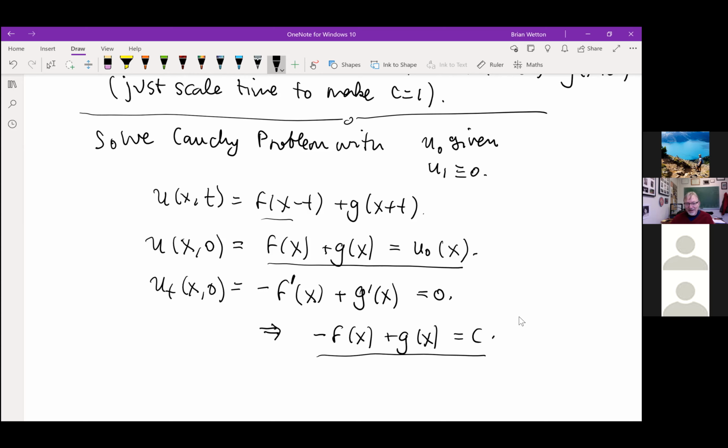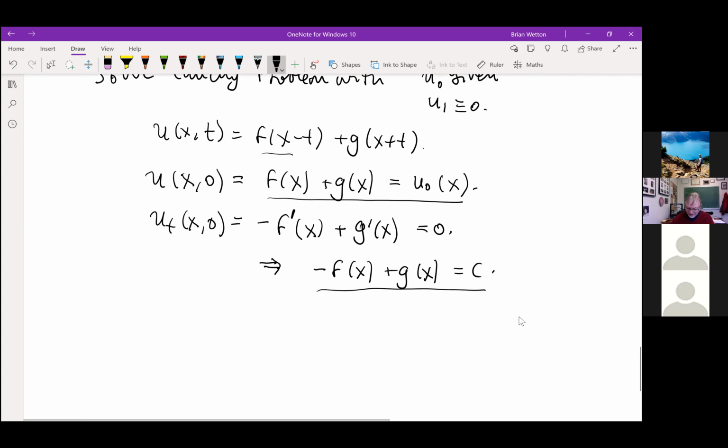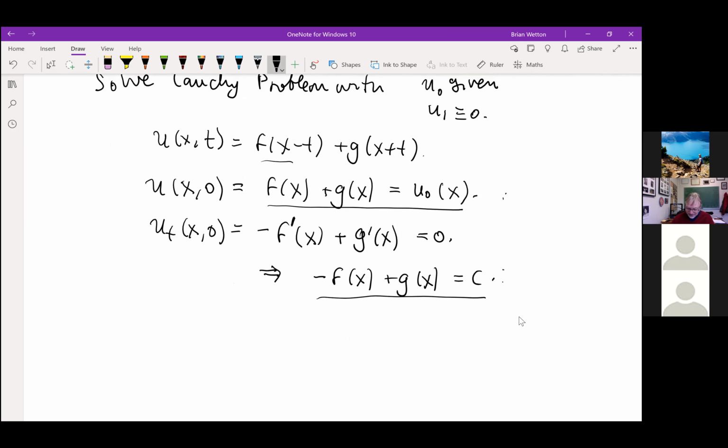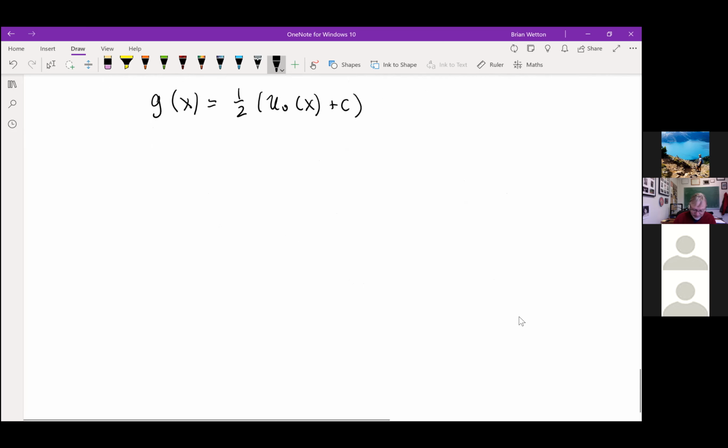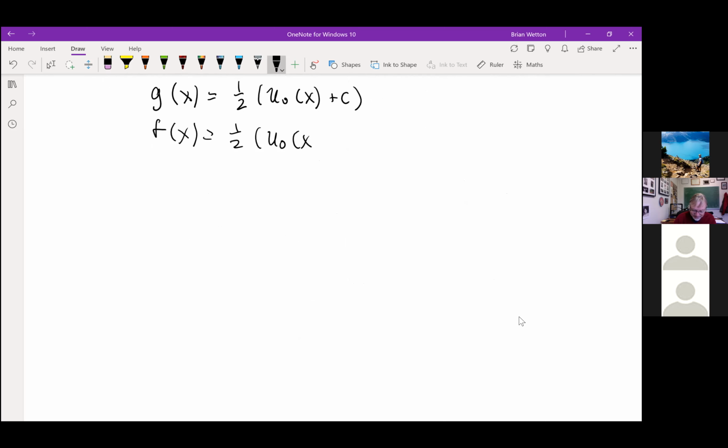Normally you have to put it in a matrix and do the solve, but this one is an easy substitution. If I add these two things together, the f's cancel out, and I get g of x is 1/2 of u0 of x plus c. And if I subtract them, I get f of x is 1/2 u0 of x minus c.